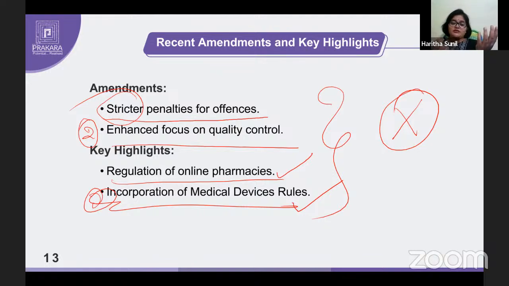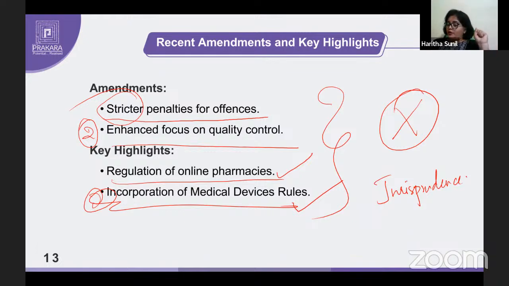Not only your semester exam, because from the jurisprudence subject you will get at least 4 to 5 objectives in all the competitive exams, be it GPAT or NIPER. So this subject is very important, and within it, this topic is very, very important.